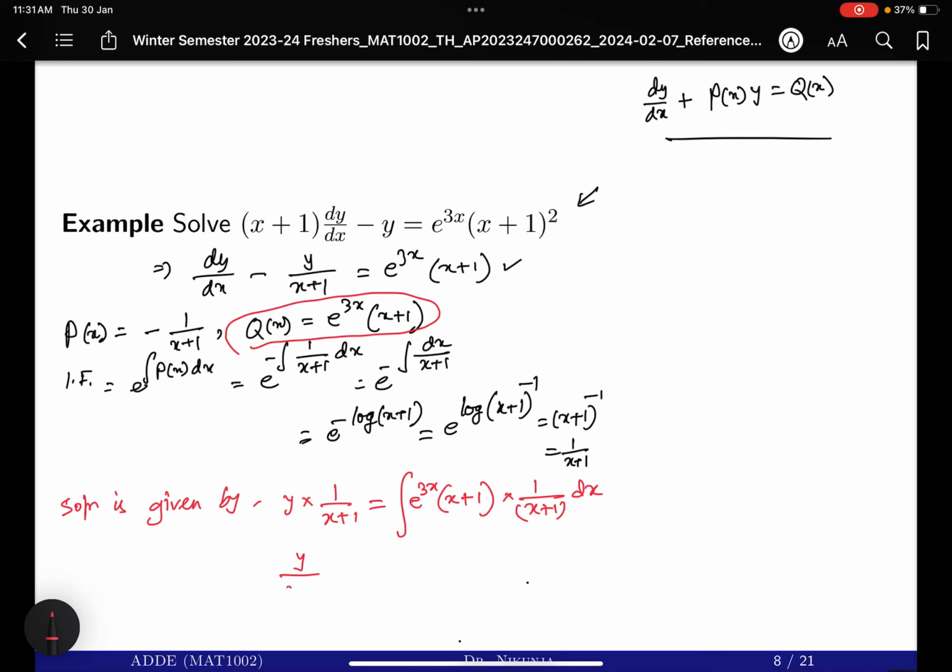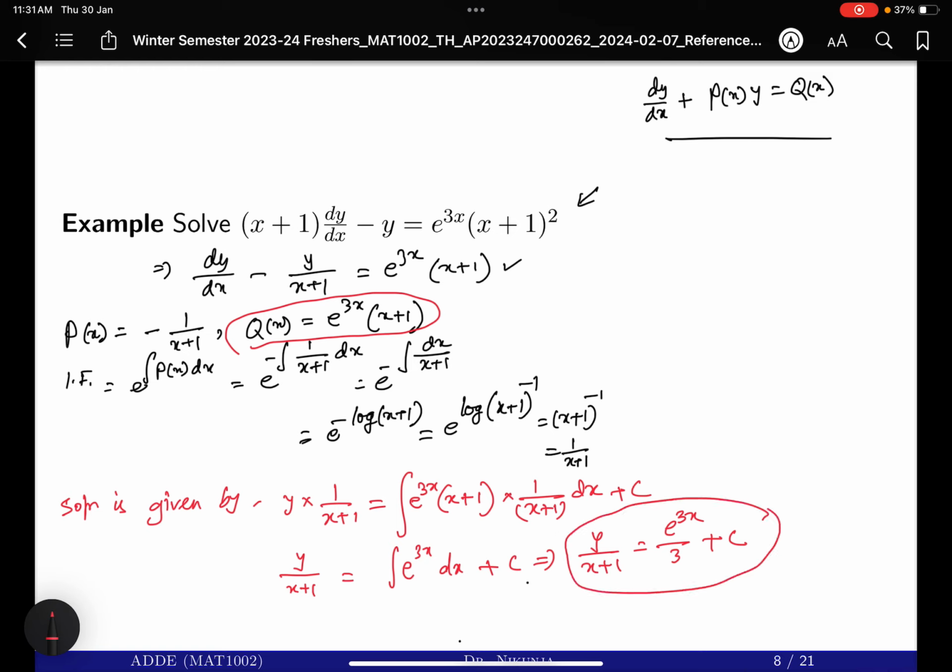So here y/(x+1) equals the integral of e^(3x) dx, and you can write c as well. From here, y/(x+1) = e^(3x)/3 + c. This is the final answer, the general solution.